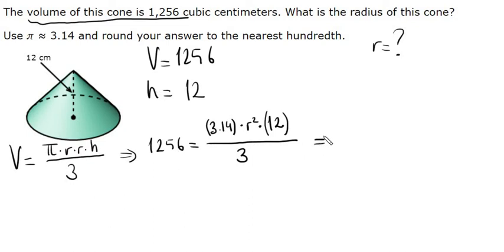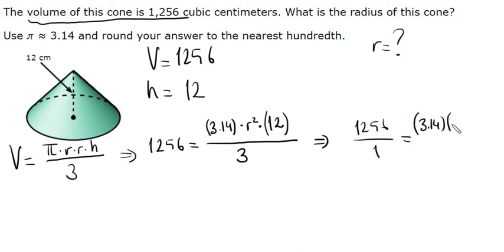As you can see, 1256 is actually 1256 divided by 1, because we can divide any number by 1 and we get the same number, okay? And then 3.14 times, so I can change the places of r squared and 12 because all these numbers are combined by multiplication.